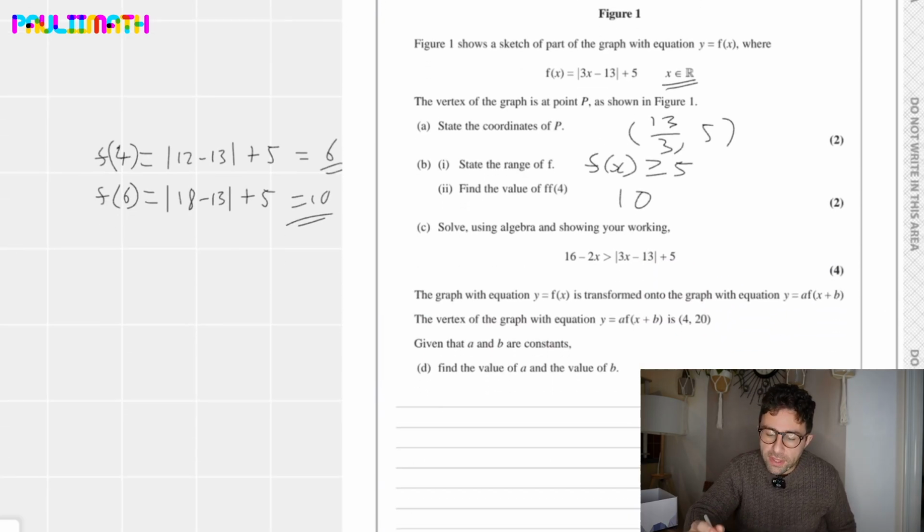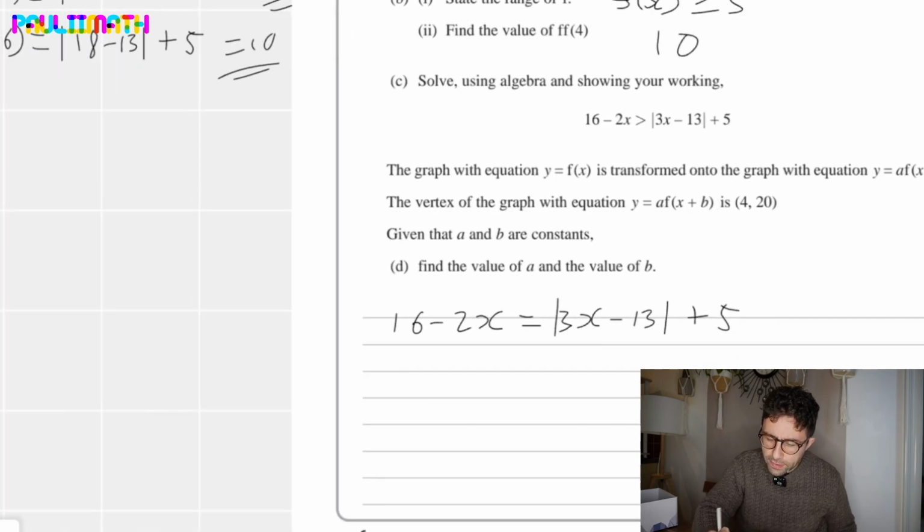I'll do the actual solve first and then I'll go and check the picture. I'm just going to solve it for when they equal each other. So I'm going to solve 16 minus 2x equals the modulus of 3x minus 13, plus 5. I am then going to do two separate solves here.